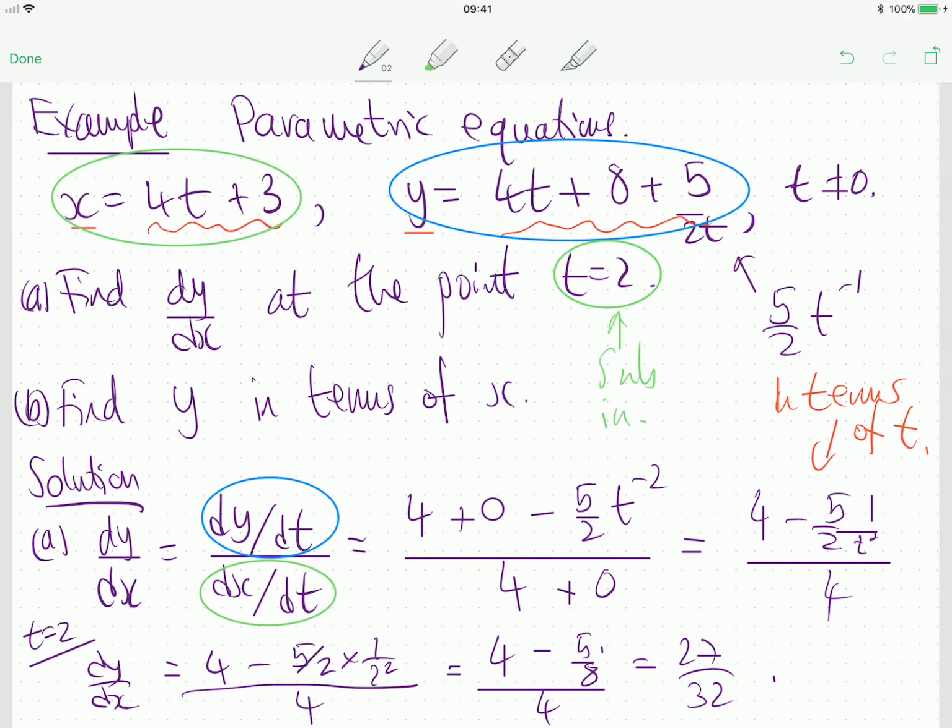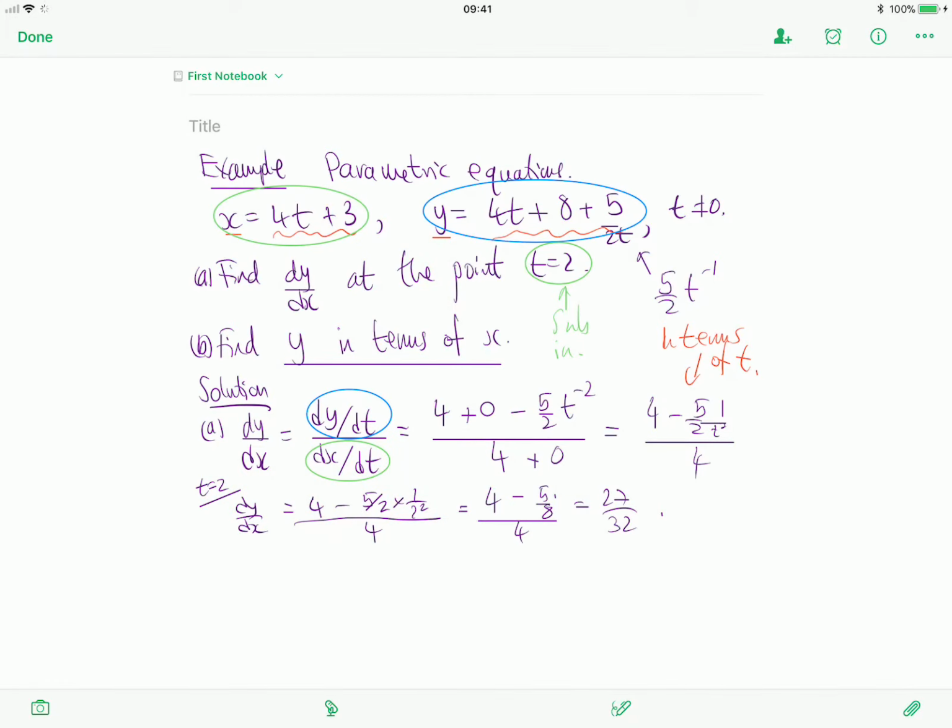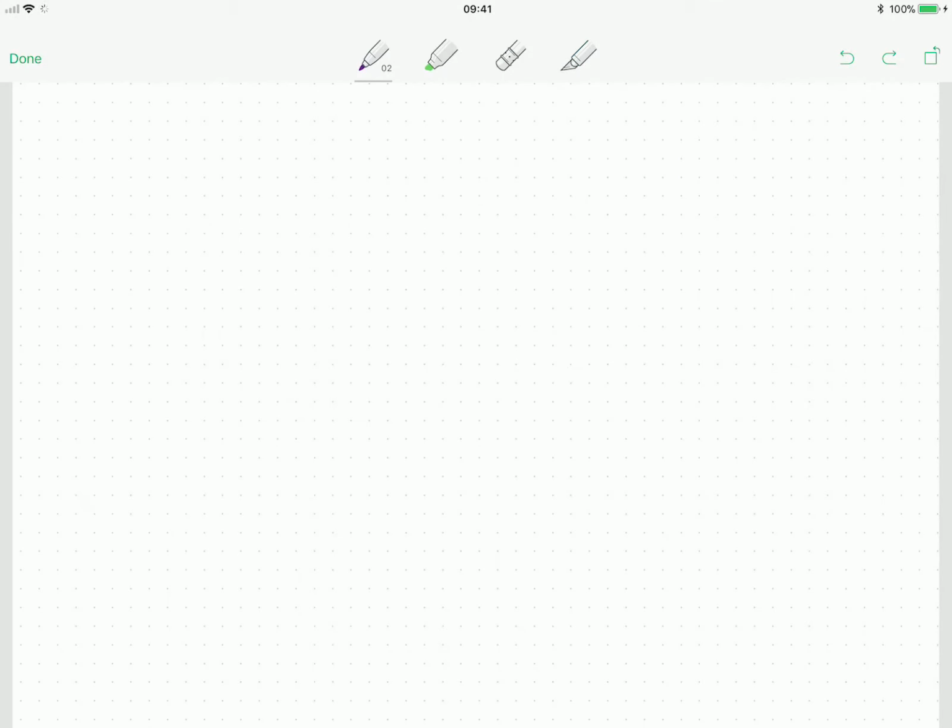Okay, so part B. Part B says find y in terms of x. So let's do that next. Well, we know y in terms of t, so let's write that again. It was 4t plus 8 plus 5 over 2 t to the minus 1. And we want to eliminate these t's.